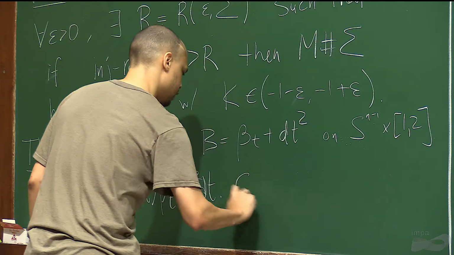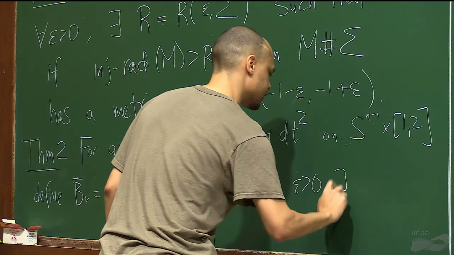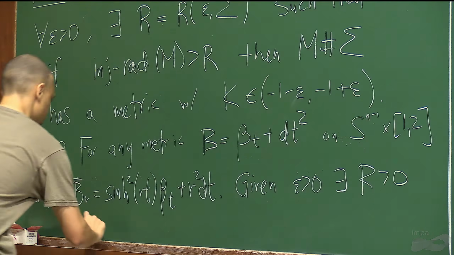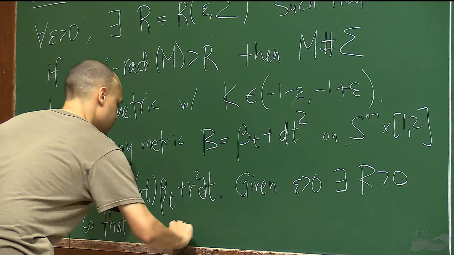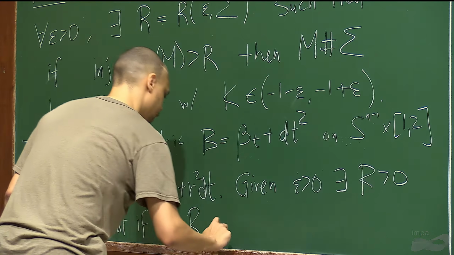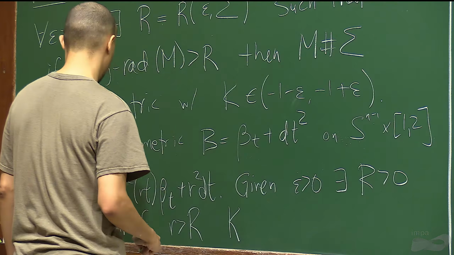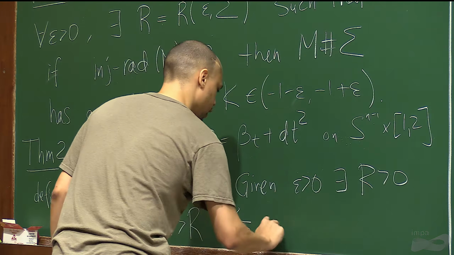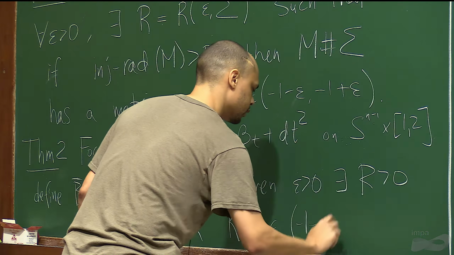So then, given epsilon greater than 0, there exists a capital R so that if r is bigger than capital R, then the curvatures of B bar r are pinched near -1.